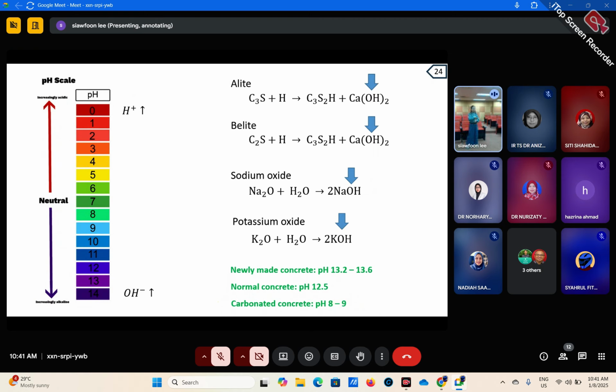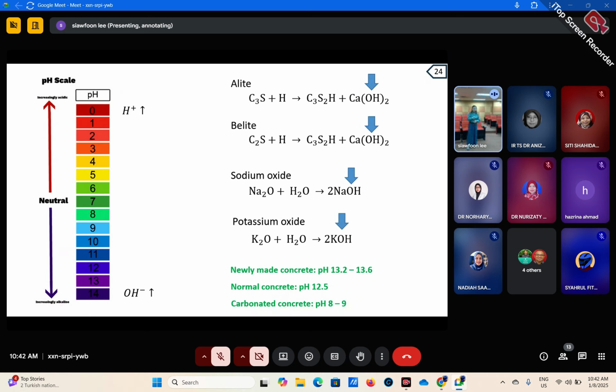When you look at the pH scale table, you know that if in the solution there exists a lot of hydrogen ions, then the pH will be very acidic, going from 6, 5, 4 until 0. However, if in the solution you have a lot of hydroxide ions, then the pH of that solution will be very alkaline.